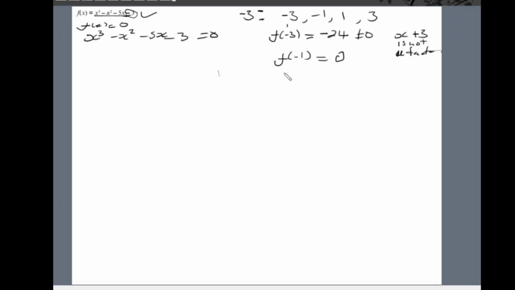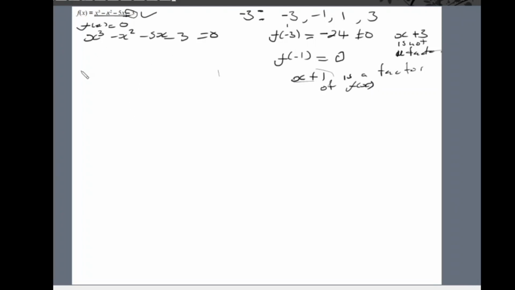So because by factor theorem, if f of -1 is 0, x plus 1 is a factor of f of x. So now I can use x plus 1 to find the other factors.